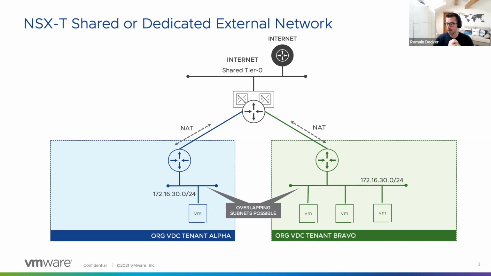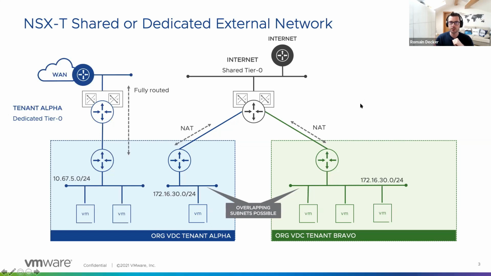Then in 10.1, we introduced the ability to have a dedicated T0. The main consideration is that a dedicated T0 is not dedicated to a tenant, it's dedicated to a particular edge, because you always have that one-to-one relationship between a T0 and a T1, but an edge gateway can only be connected to one T0 or one VRF.